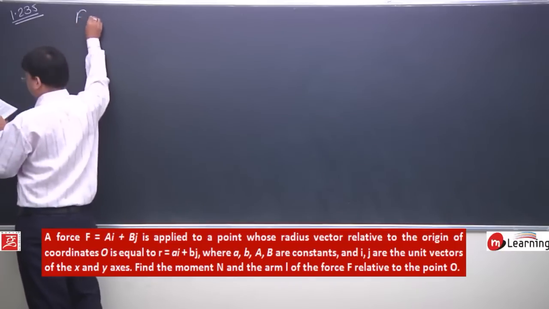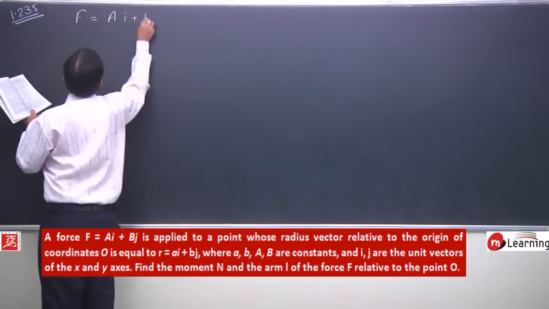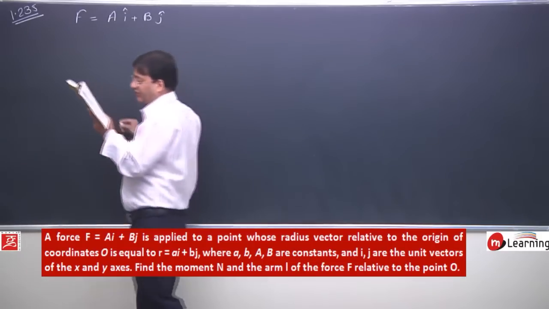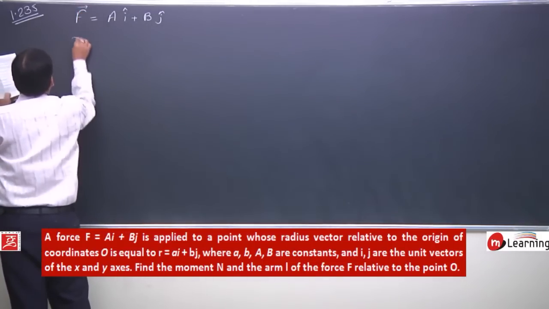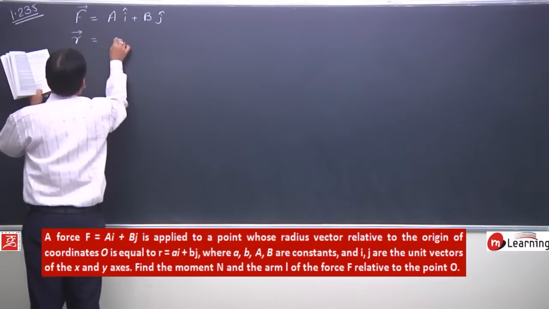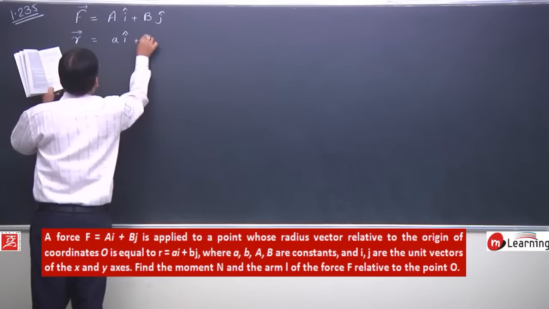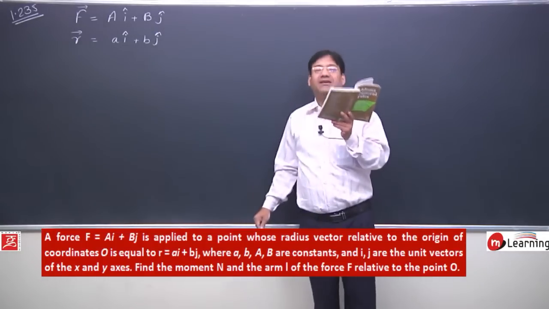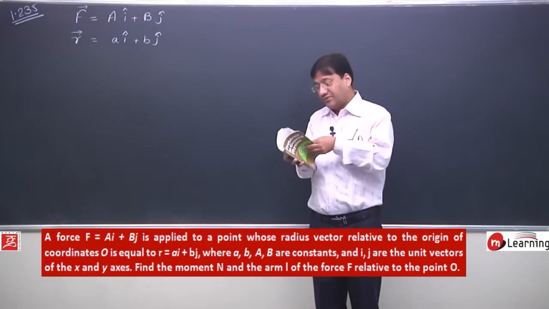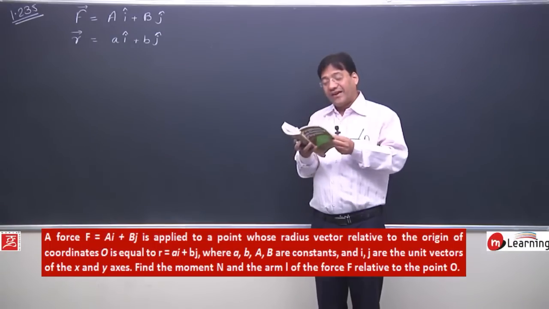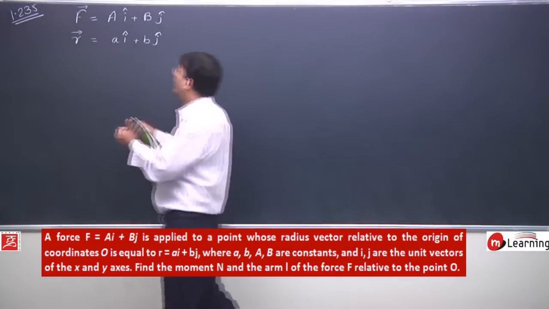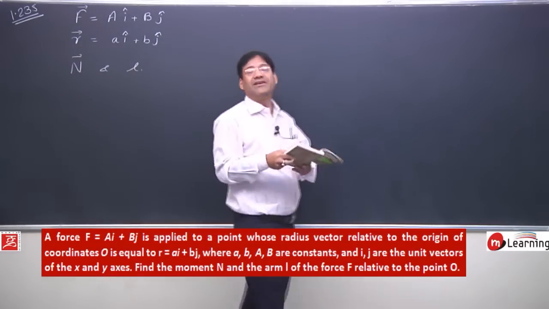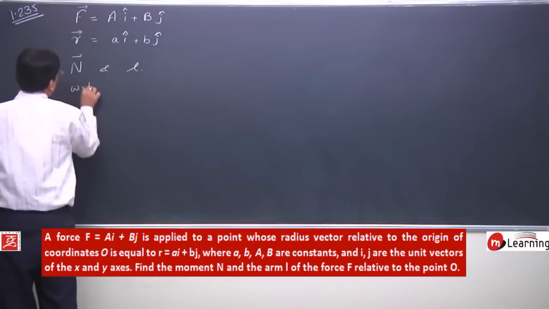The force equal to aI cap plus bJ cap is applied to a point whose radius vector relative to the origin of coordinates is equal to aI cap plus bJ cap, where a, b and capital A, B are constants, and I, J are unit vectors of the x and y axes. Find the moment N and arm length L for the force with respect to O.